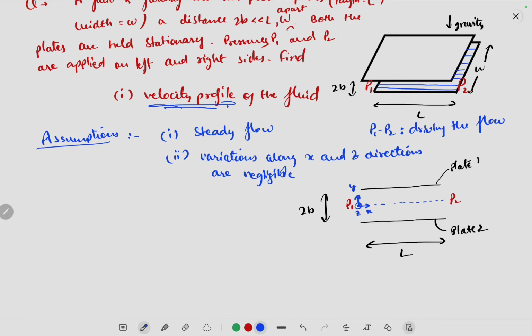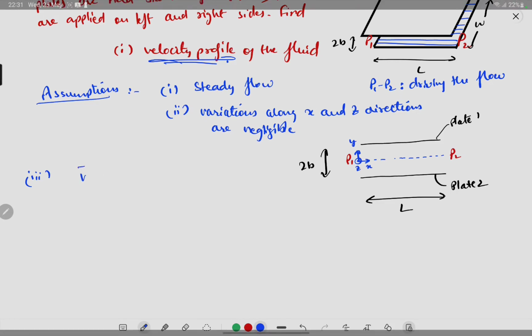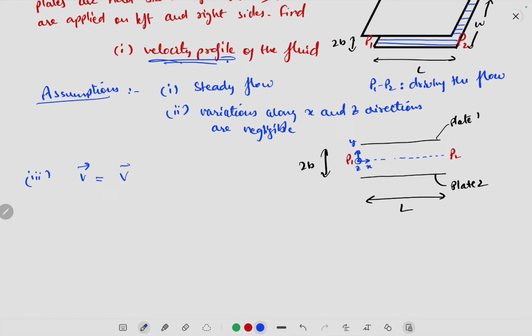plane as z. Now again from the geometry I can assume that my velocity vector is only a function of y.